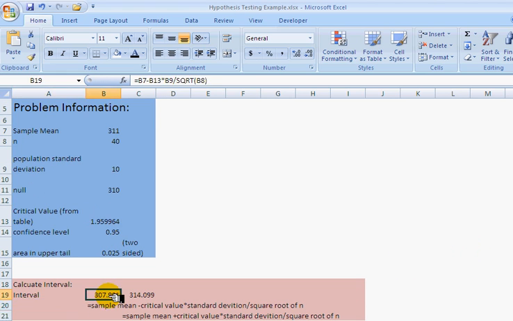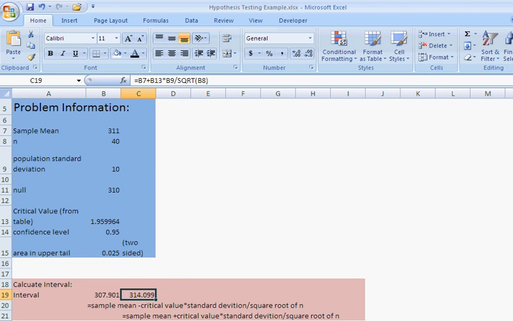Our interval is down here, and our interval is nothing more interesting than the sample mean minus the critical value times the population standard deviation over the square root of n. The upper limit of our confidence interval is sample mean plus the critical value times the standard error.